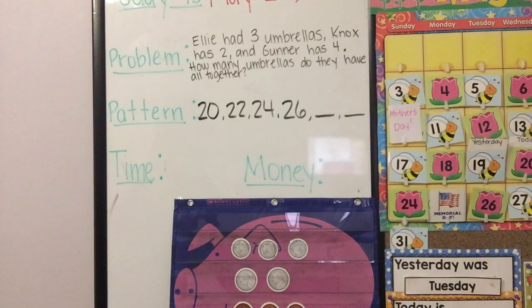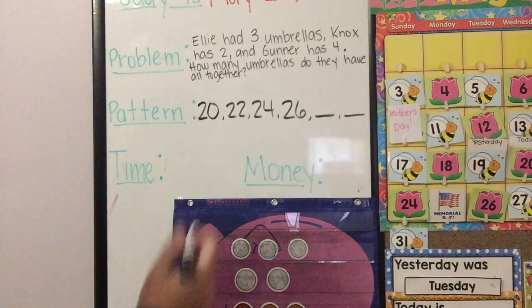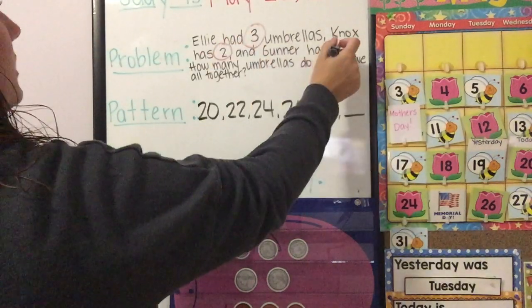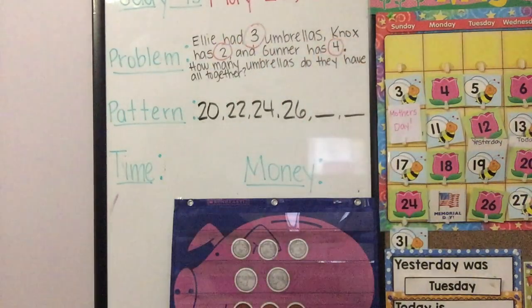All right, so first let's pull out our important information. I see the number 3, I see the number 2, and I see the number 4. Okay, if you want to put me on pause and solve this on your own, go ahead. If you want me to solve it with you, we're going to keep going, okay?